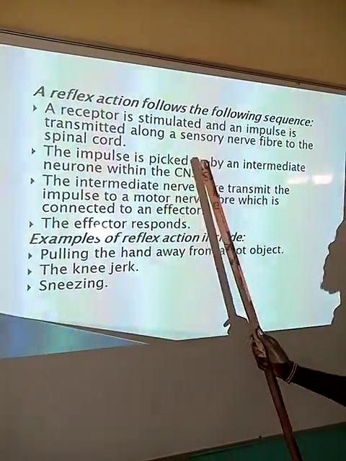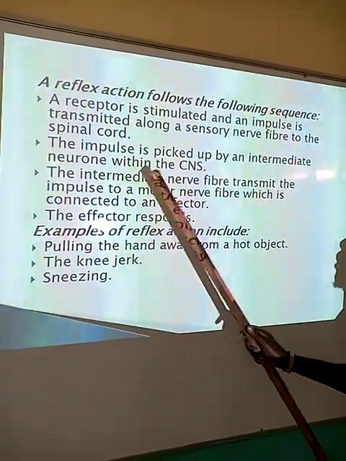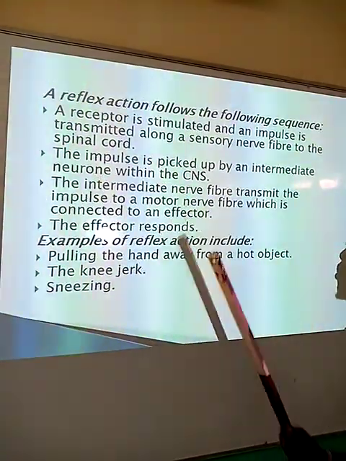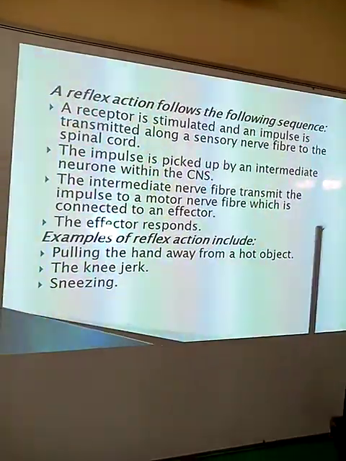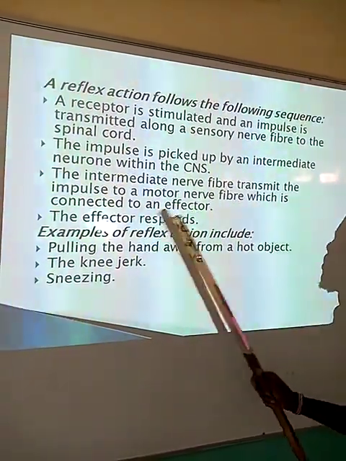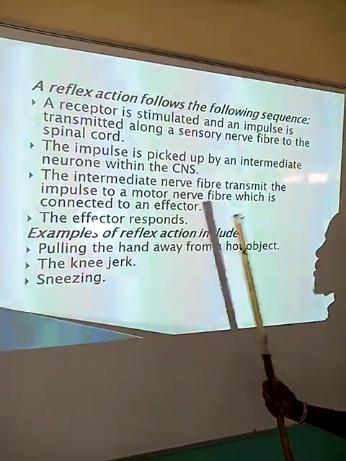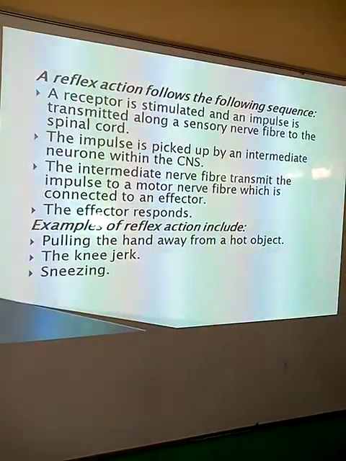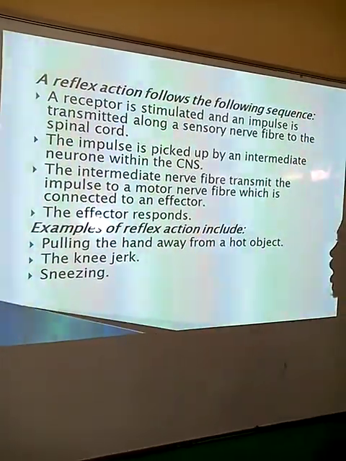The impulse is then picked by an intermediate neuron within the central nervous system. This relay neuron or intermediate nerve fiber transmits the impulse to the motor neuron fiber, which is connected to an effector, which could be muscles. The effector then responds by either contracting or relaxing to bring about a change.